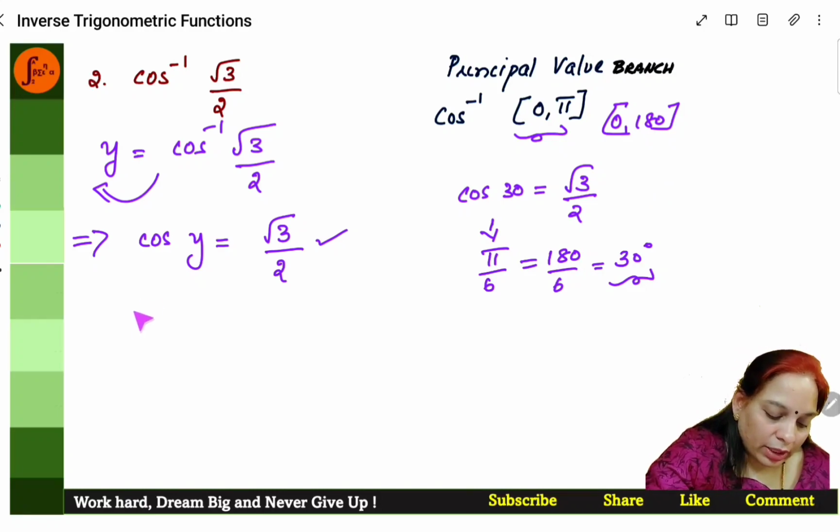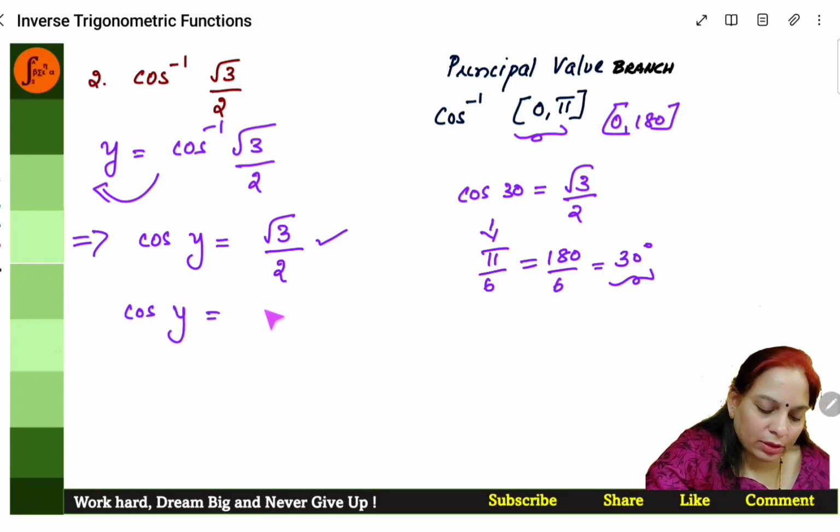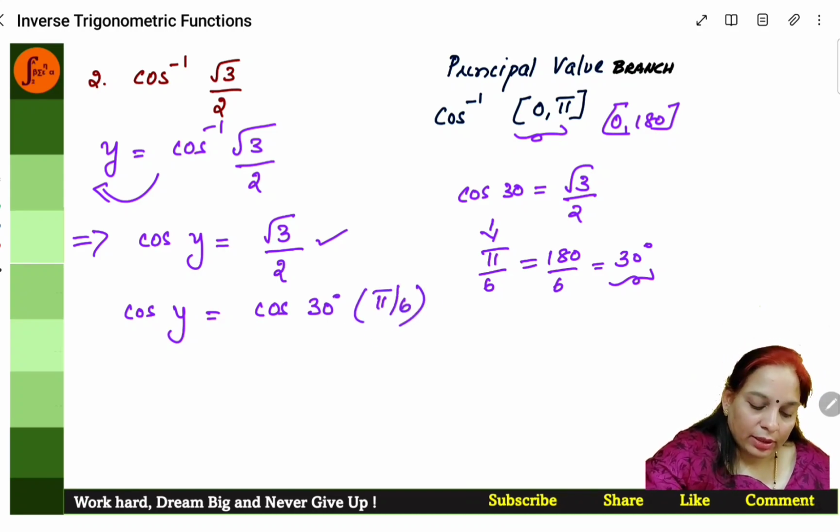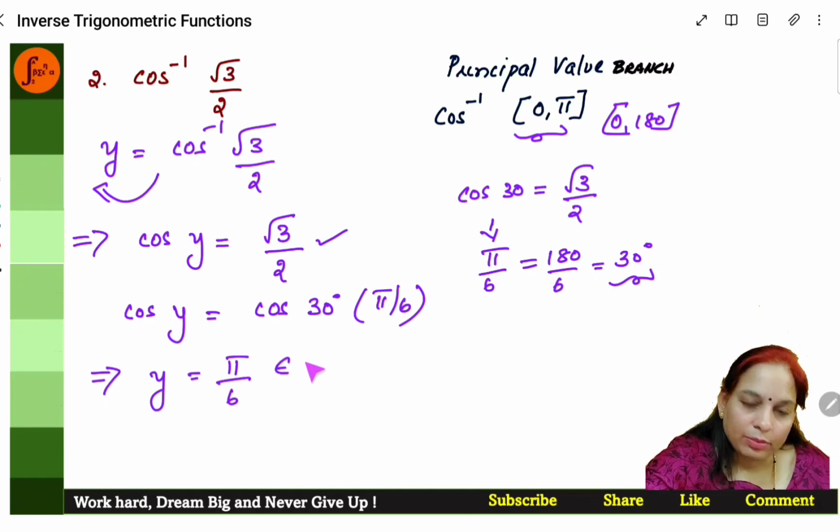So I can write cos y is equal to cos 30 degrees, or pi by 6, which implies that y is equal to pi by 6, and this belongs to the principal value branch, which is 0 to 180, or 0 to pi.